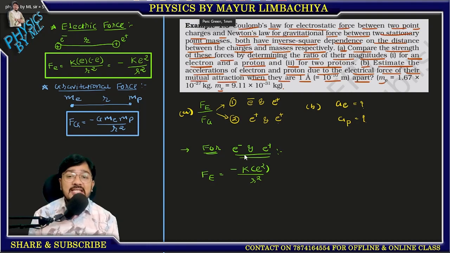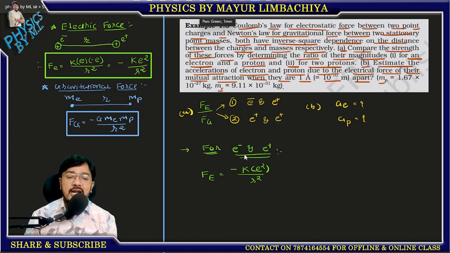So here in this case, dear students, the Coulombian force, the electrical force, is attractive in nature, so the sign of that force is minus. The same we can apply for gravitational force, because gravitational force between two masses is also attractive in nature. That's why we also apply the negative sign to the gravitational force.